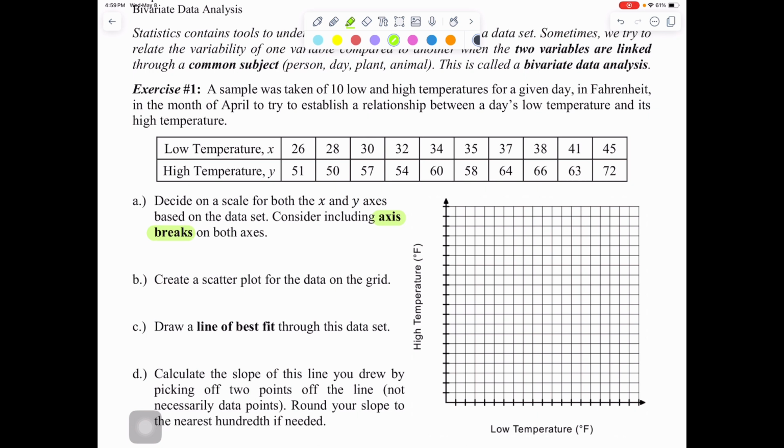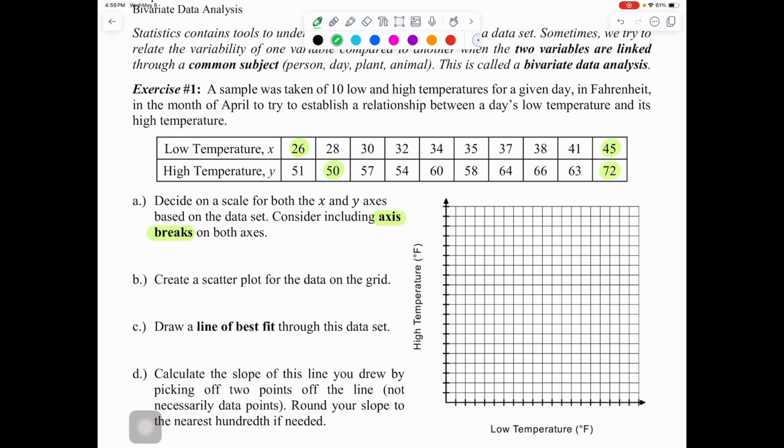When you're trying to decide a scale, you want to look at what your lowest X value is, what your highest X value is, and then the same thing for Y. If I look at my low temperatures, the lowest temp that I have is 26, and the highest temp I have is 45. Whereas in my Y values, my lowest is 50 and my highest is 72.